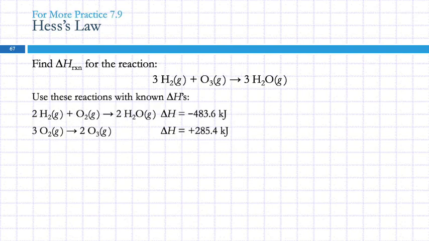Let's try another one. Let's find delta H for this reaction. We've got hydrogen and ozone making water. And this time they only gave us 2 equations. We're supposed to use these reactions with these known delta H's. So I'm going to highlight again.